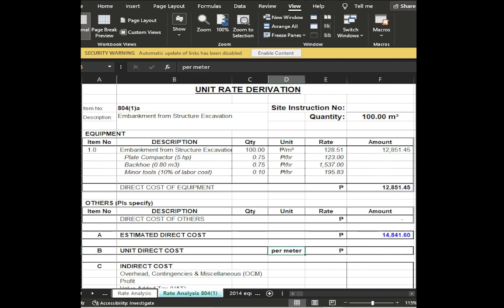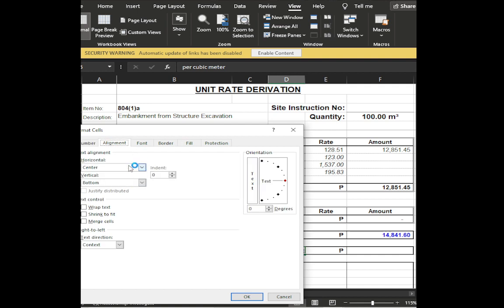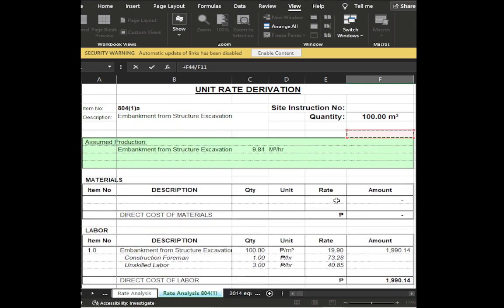So the per cubic meter is this estimated direct cost divided by the quantity.